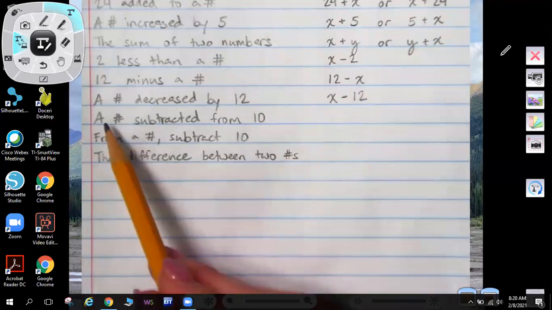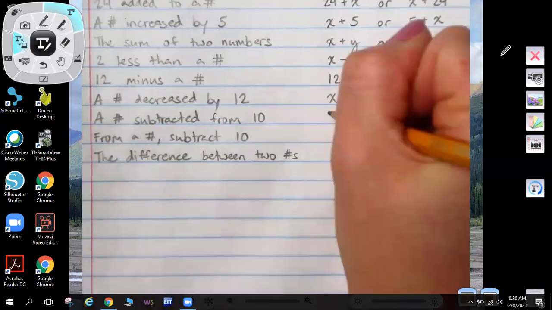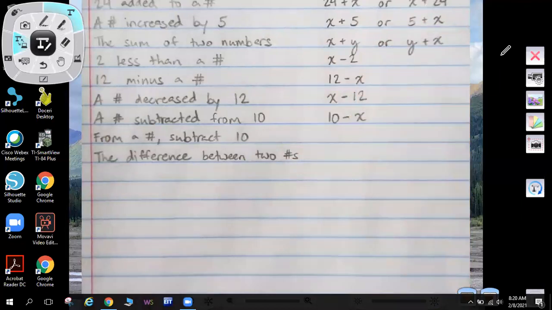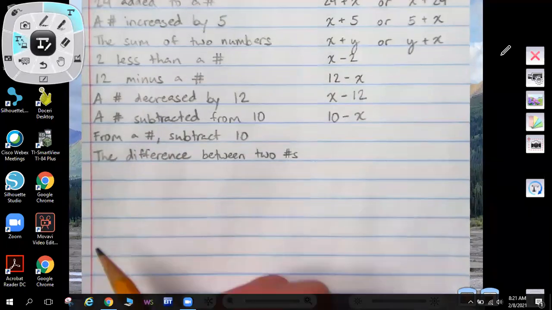So we start with 10 and we subtract a number from 10. So we get 10 minus x. From a number, subtract 10.